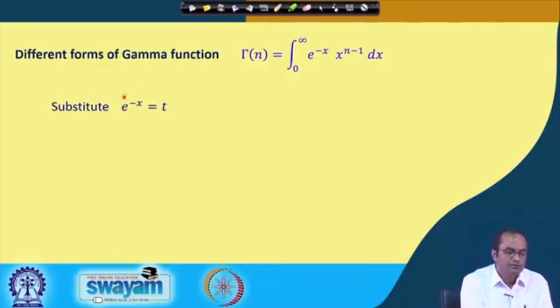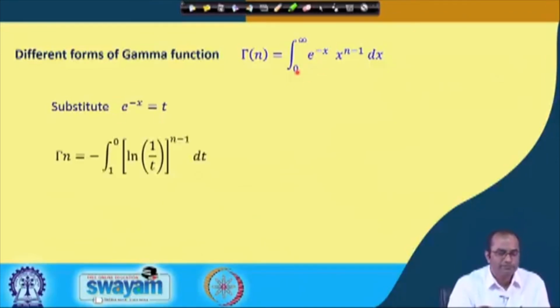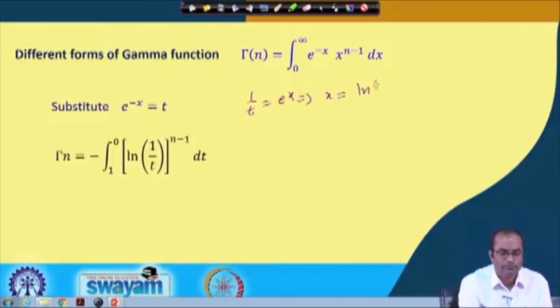Also, if we substitute e power minus x is equal to t, we will have again a very different form, because from here we get 1 over t is e power x. So, we get x as ln 1 over t. So, e power minus x is replaced by t, and x will be replaced by ln 1 over t power n minus 1.